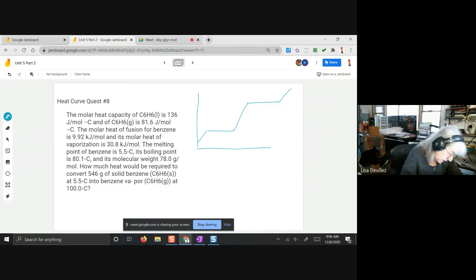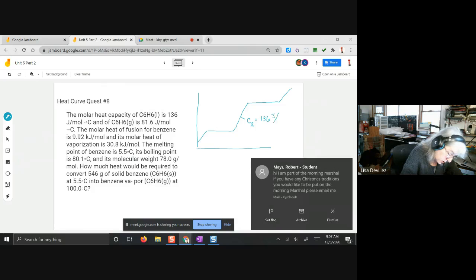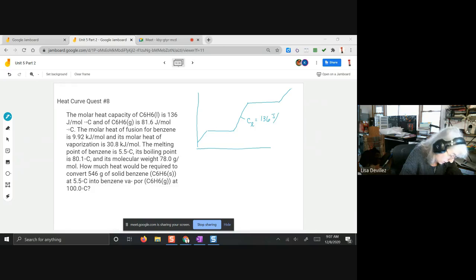For the liquid, it's 136 joules per mole degrees Celsius. So it's per mole, not per gram. The gas is 81.6 joules per mole degree Celsius.